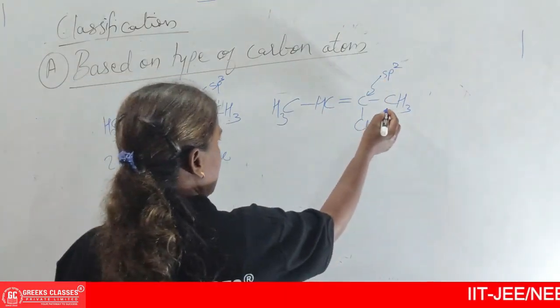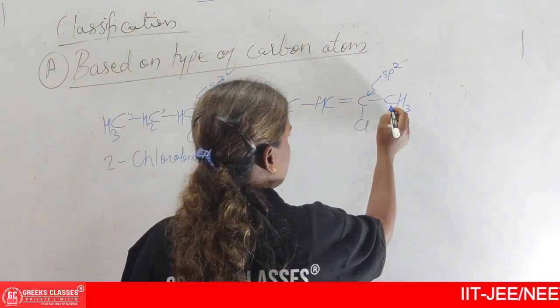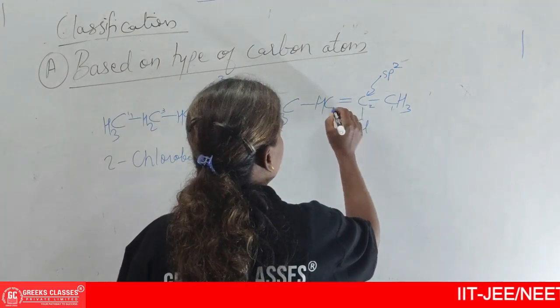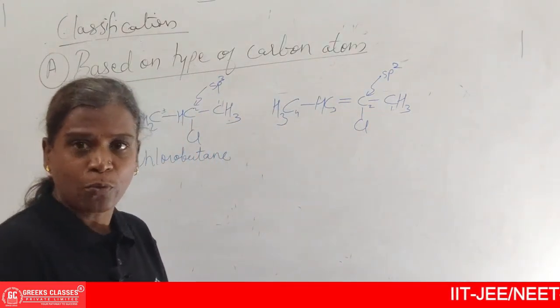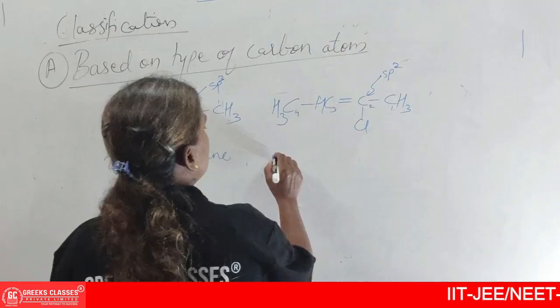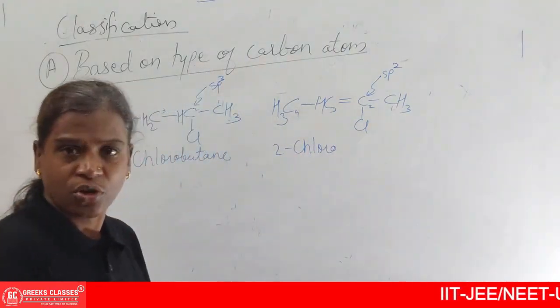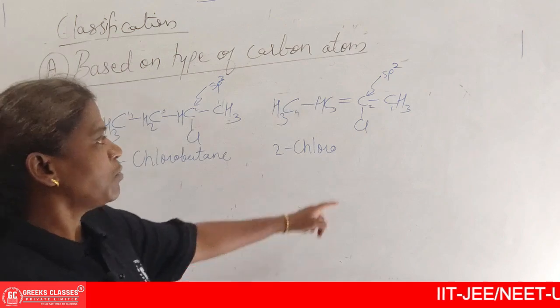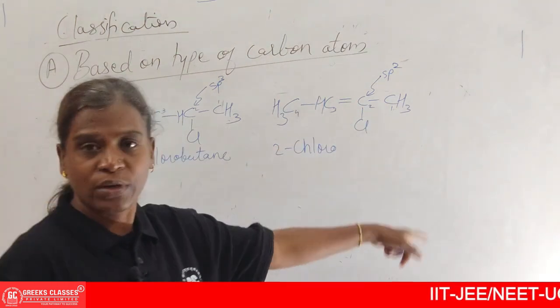Again, we need to number the carbons. It is carbon number 2 that is having the double bond to which the chloro group is attached. So it is 2-chloro. Now we should also mention the position of the double bond. The smallest number, that is carbon 2, is having the double bond to which the chlorine is attached.